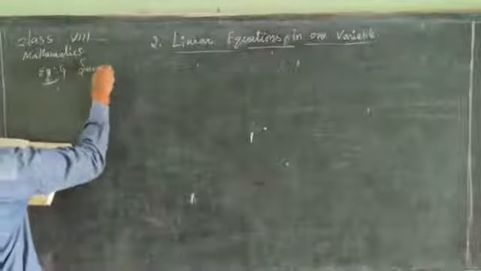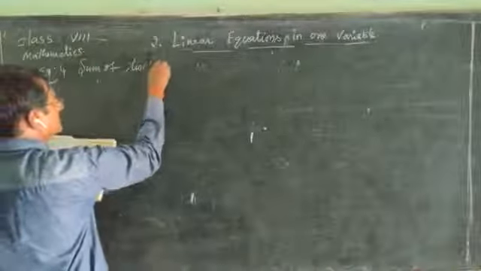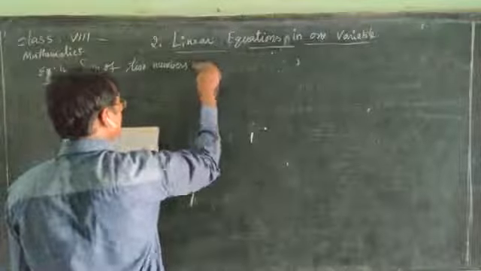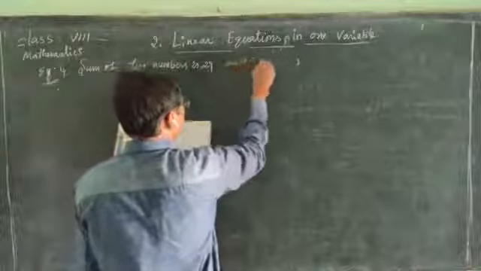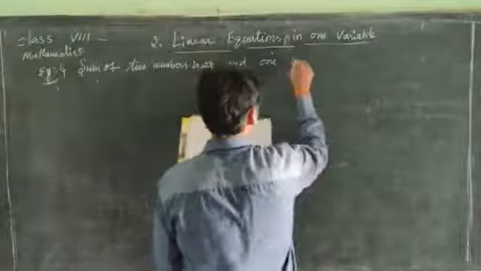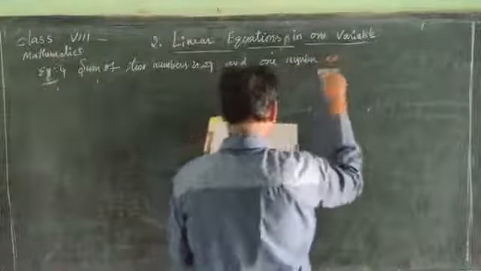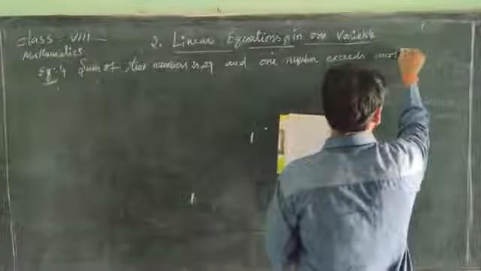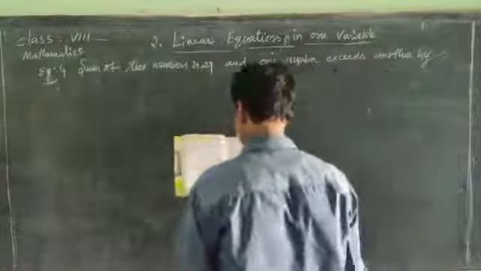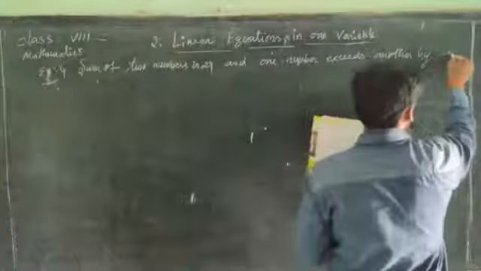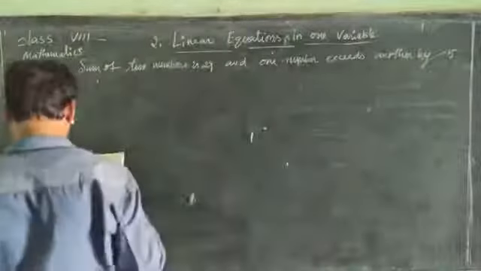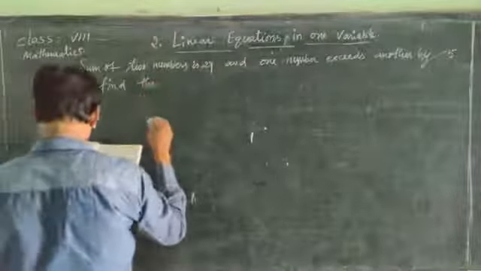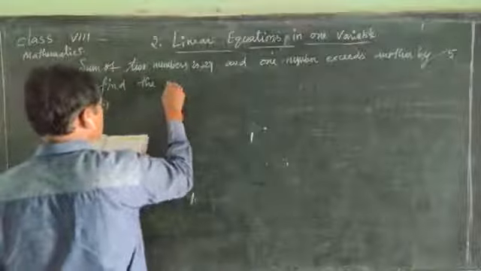Sum of two numbers is 29, and one number exceeds another by 5. Find the numbers.